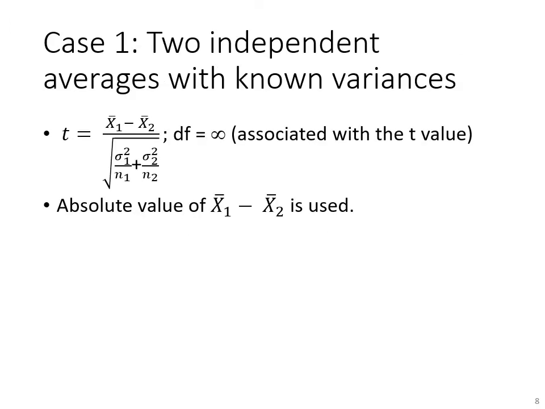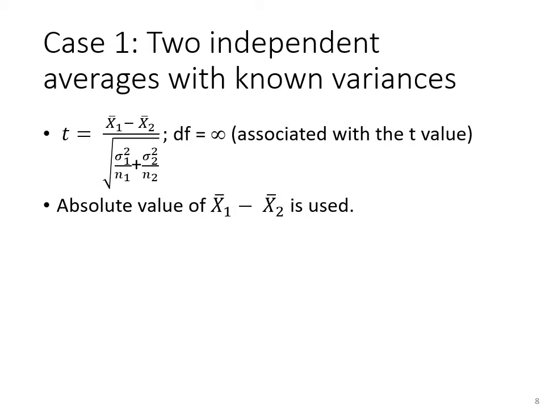The first case we'll consider is where we have two independent averages with known variances. Often we don't know the variances, but in this case, let's say we have a well-established method that provides a known variance along with the methodology, so we can use that as our known variance.